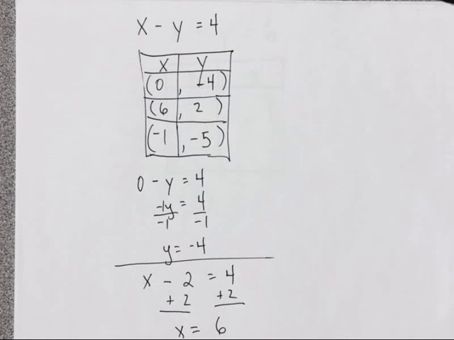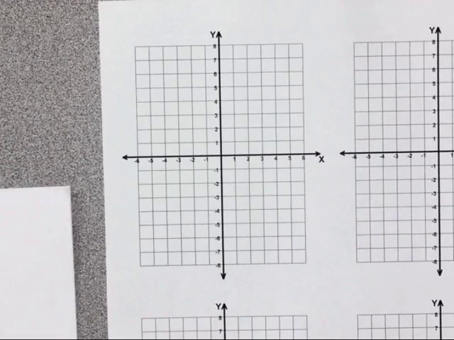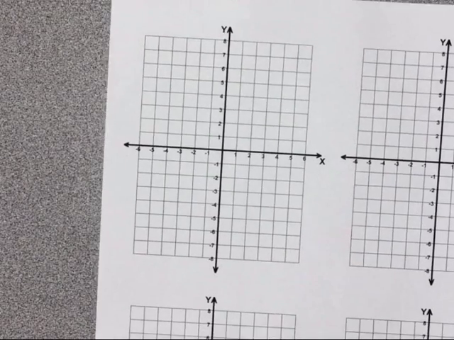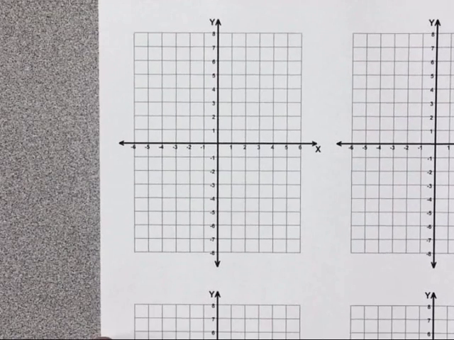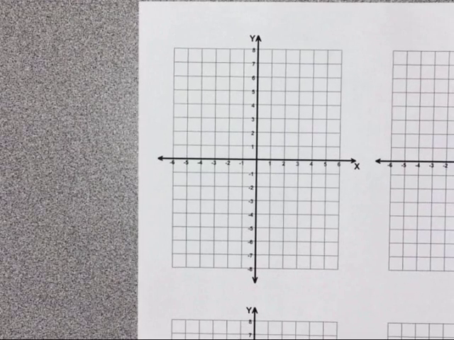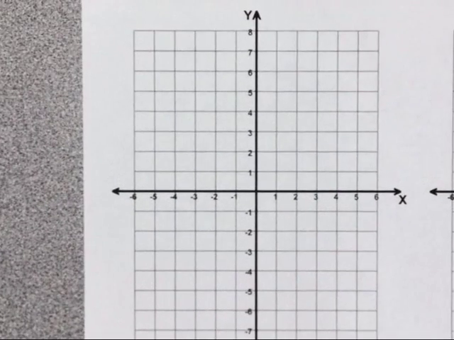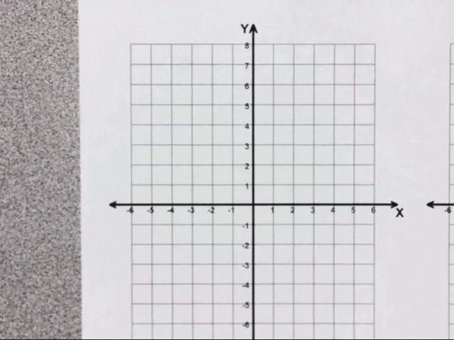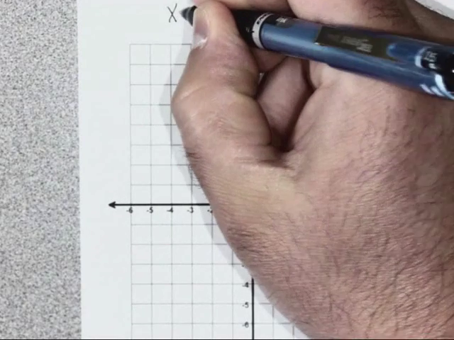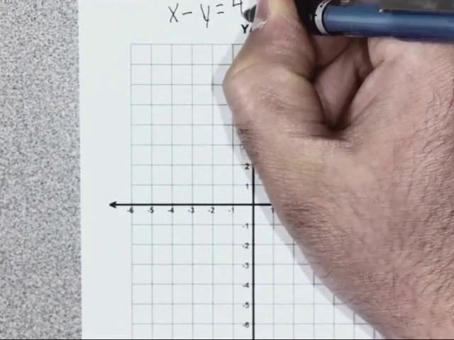And of course, when we graph linear equations, they're going to form lines. So let me shift my graph paper over here. Okay, so let me label this graph. Zoom in so you guys can see a little better. Okay, I'm going to label this the graph of x minus y equals 4.